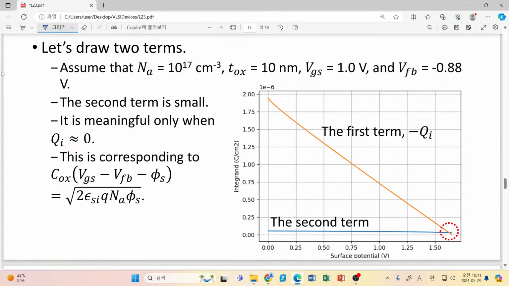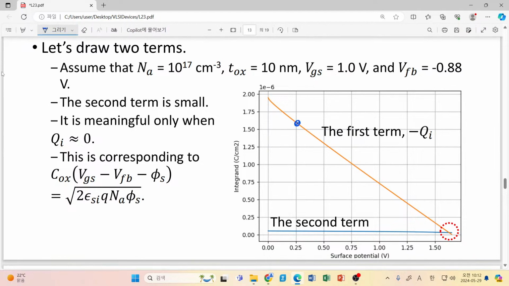If we have a certain point, if we make a sum of this and that, and if we introduce a slight error in this blue one, then how about the overall error of this sum calculation? That is really negligible.